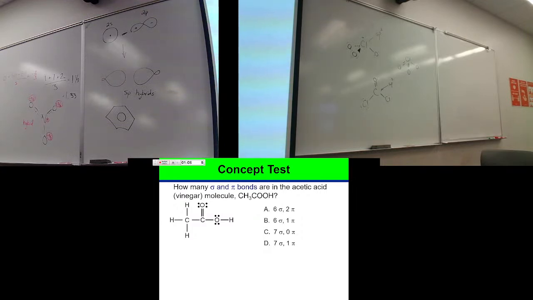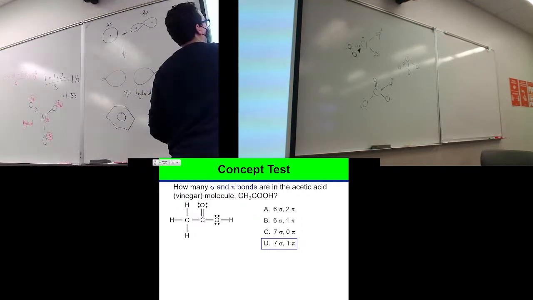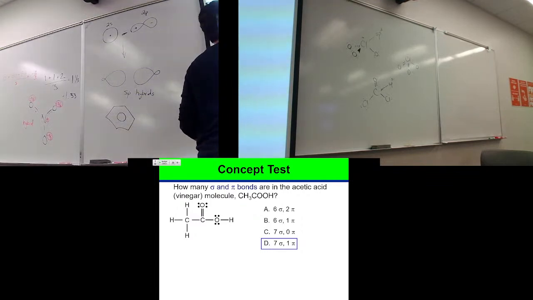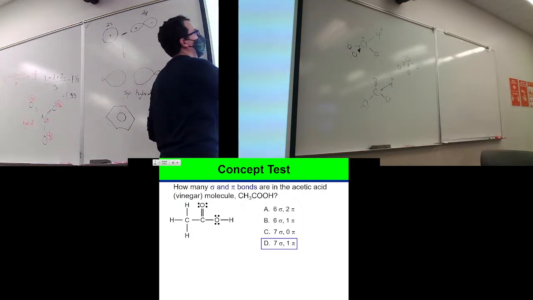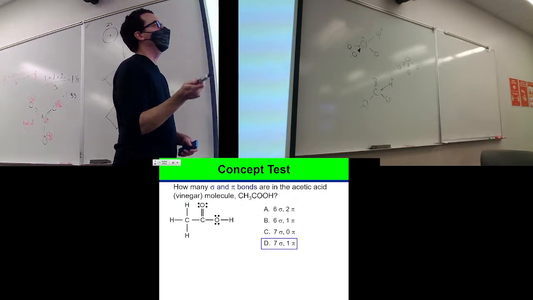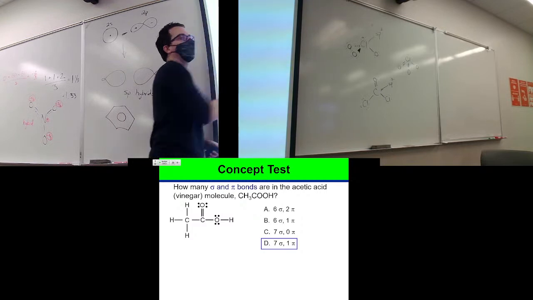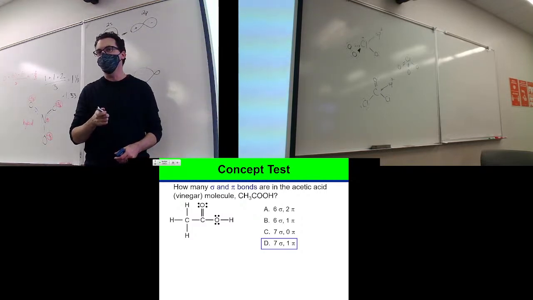All right, we've got some good guesses in. Let's see, everybody's voting. Mostly people are voting D, but we've got other answers. So the answer is D. You have to count 1, 2, 3, 4, 5, 6 single bonds. That means at least 6 sigma bonds. But remember, this double bond actually has a sigma bond in it too.